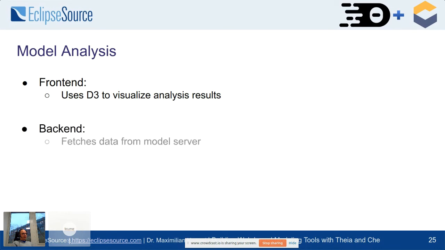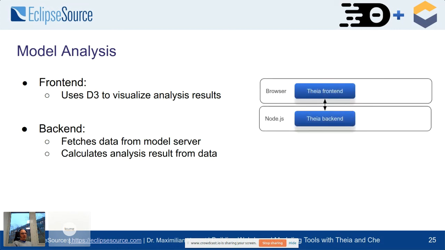And in the back end, we just fetch data from the model server because we need to fetch the different activities and the different decision nodes and what their probabilities are. And then we just calculate an analysis result from the data and push it to the front end. So we have this analysis UI in the front end, which is the button to trigger the analysis, and then basically a view showing the results of D3.